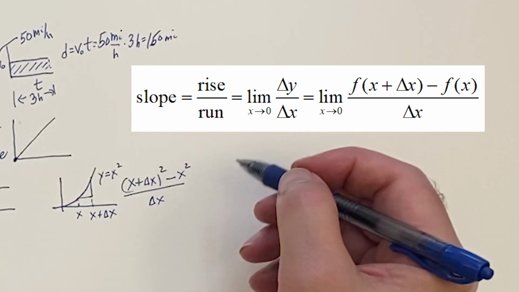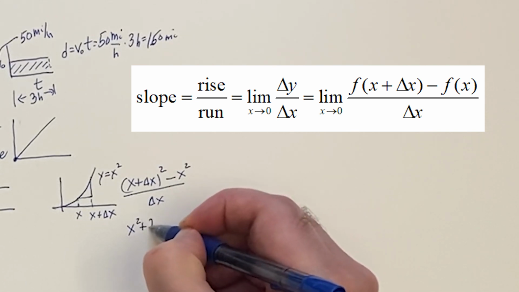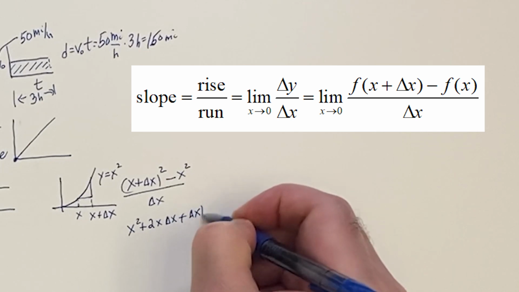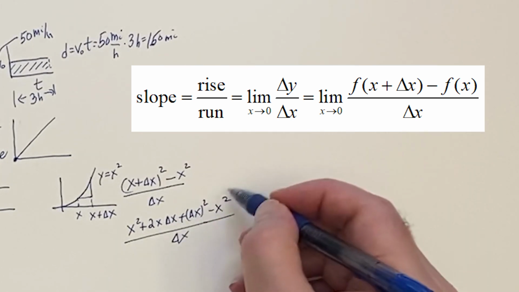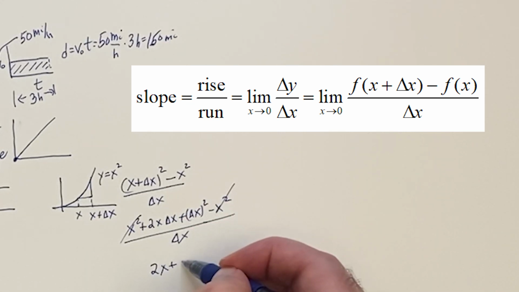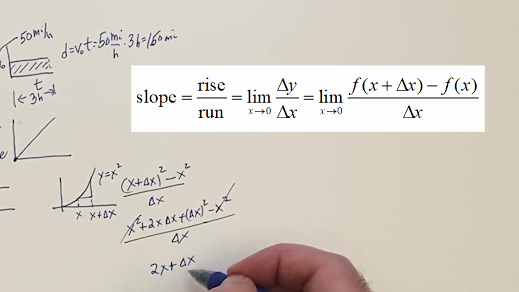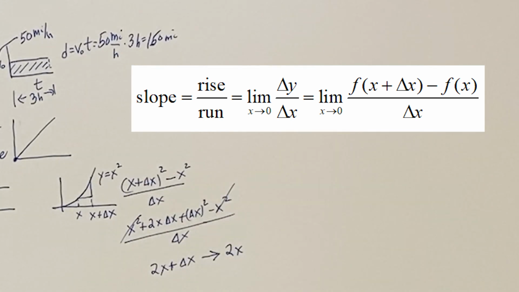This gets the essential idea of the quadratic. Then you have x squared plus 2x delta x plus delta x quantity squared minus x squared over delta x. These go out, and then you get 2x plus delta x. And then if you're looking at your limit, as delta x goes to 0, this is going to be 2x. So you're basically showing that the slope of x squared is 2x, or t squared is 2t.